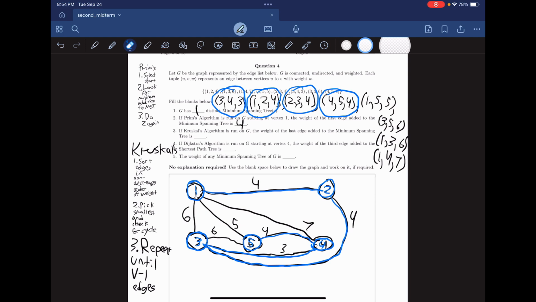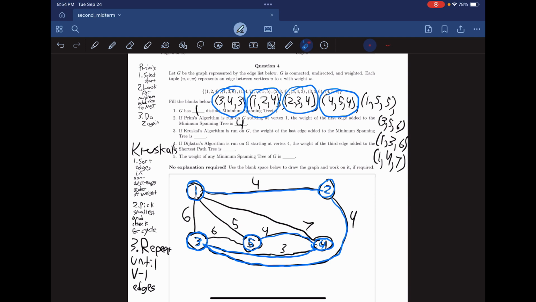Currently, the only way is 5 to 4, 4 to 3, 3 to 2, 2 to 1. There is no other path to get from 5 to 1 in this blue MST that we've drawn out. Awesome. So now, at this point, we have 1, 2, 3, and 4 edges in our system that has gotten to our v-1 edges requirement, and so we're done.